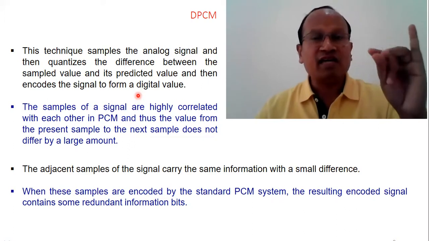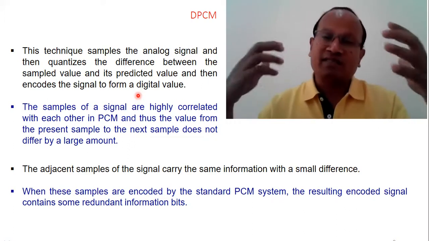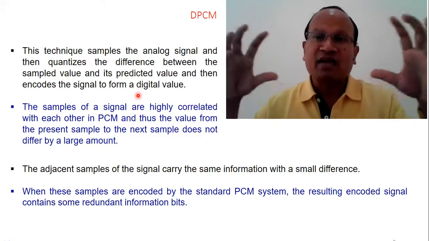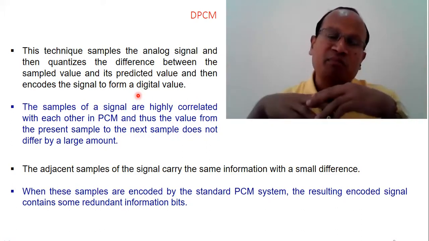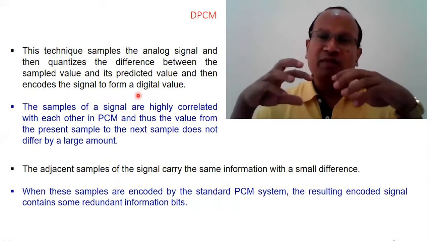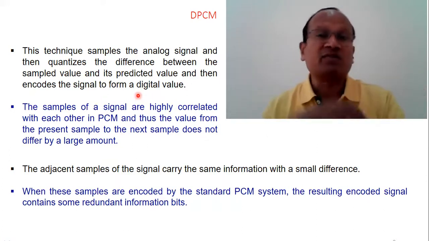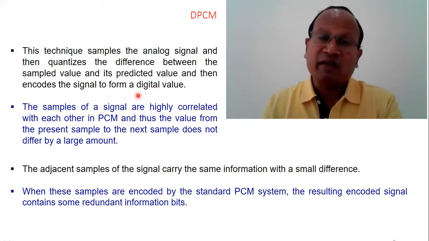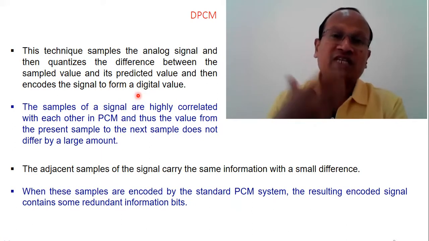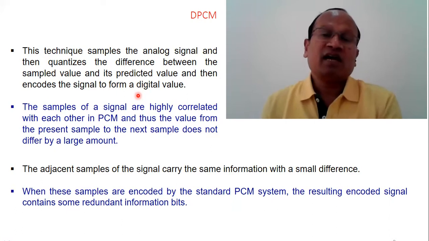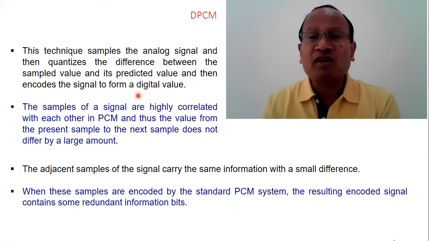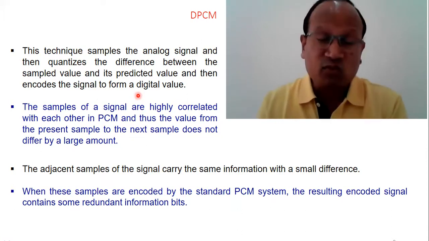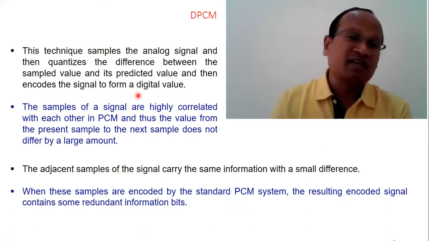The second is we are not passing all the samples, so all the samples will not be encoded. What will happen if all the samples are encoded in PCM? We have discussed that the bandwidth required becomes high. Bandwidth increases when we increase the number of samples. In DPCM we are reducing the number of samples just by sending the difference between the two samples, and this is why there is bandwidth saving in DPCM.